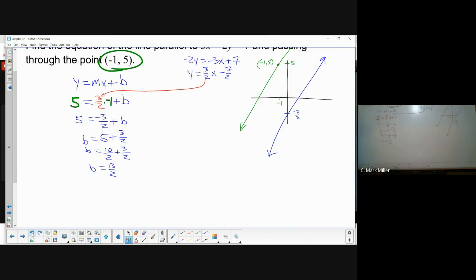That's B. We're going to check our answer in a minute. So Y is 3/2 X plus 13/2.